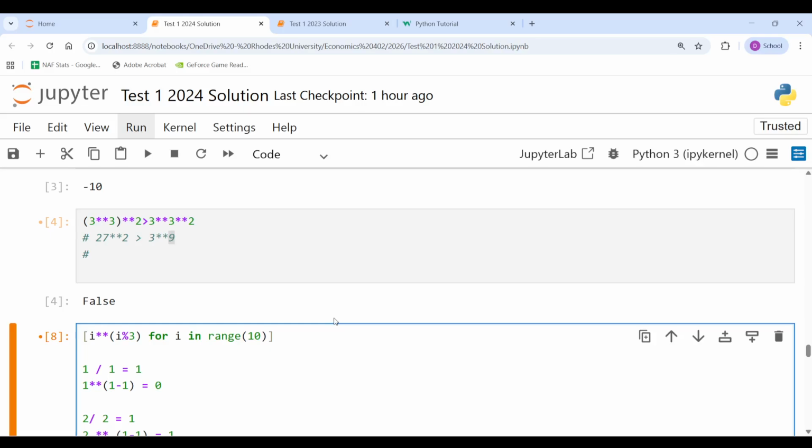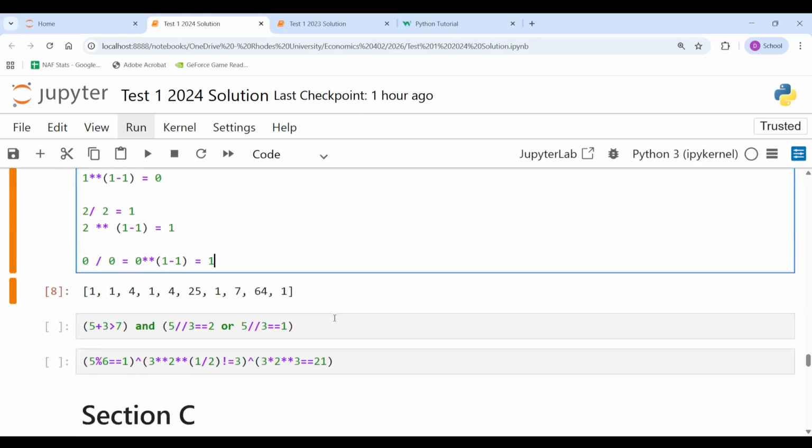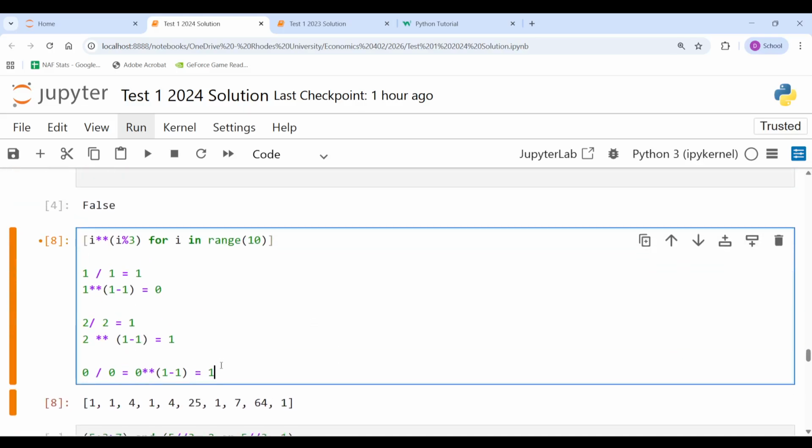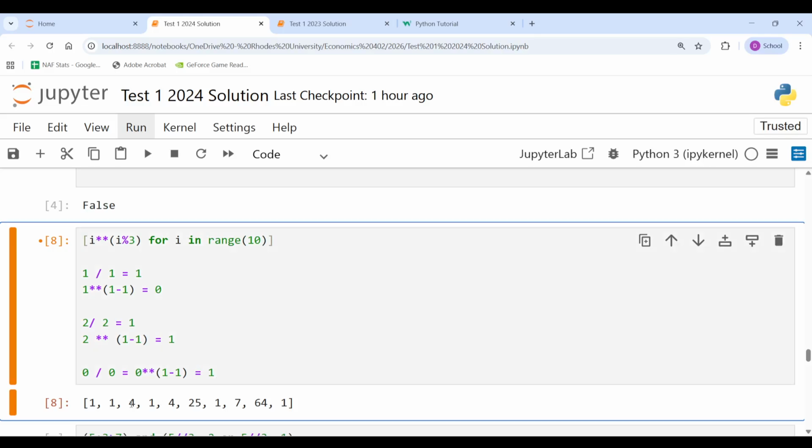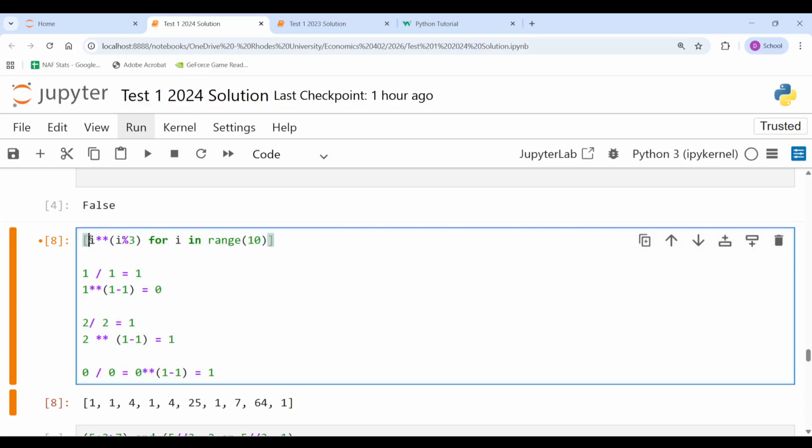Why is the second index 4? The second one, this value. Okay, so that would be what? 3, right? Modulus 3. Sorry, 2, yeah, 2. So it's 0, 1, 2, right?